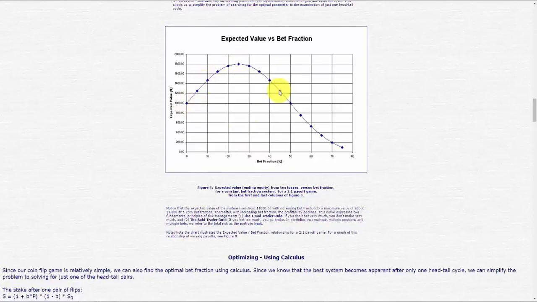Now, in this curve here, it will shift this way and it'll shift that way depending on the particular characteristics of your system, namely the reward to risk ratio, which is simply the average winner divided by the average loser. And then the other piece of that is the percentage of trades that end up being winning trades.